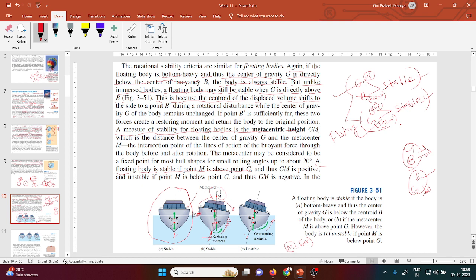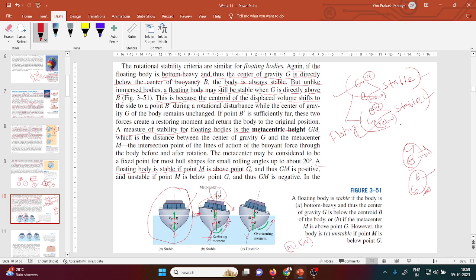Your center of buoyancy is shifted from this line to this line, and if you draw the line from here, this will cut this line at some point, and where it cuts, this point is known as the metacenter, right?